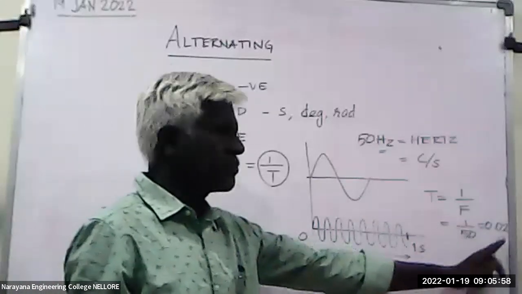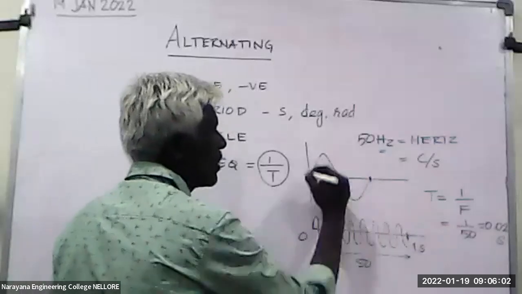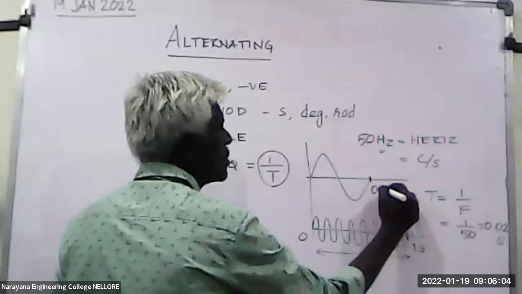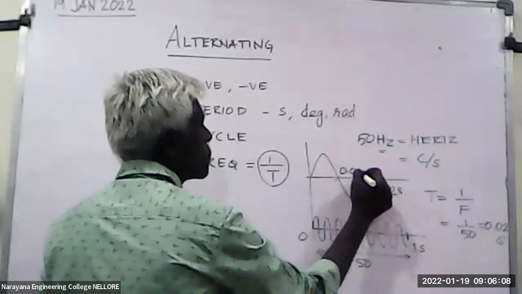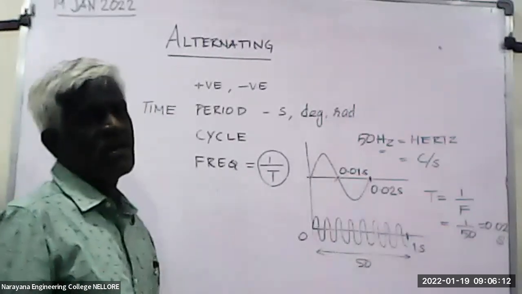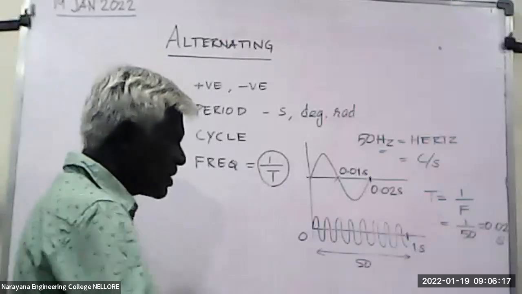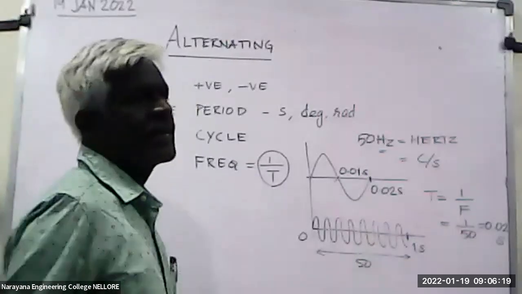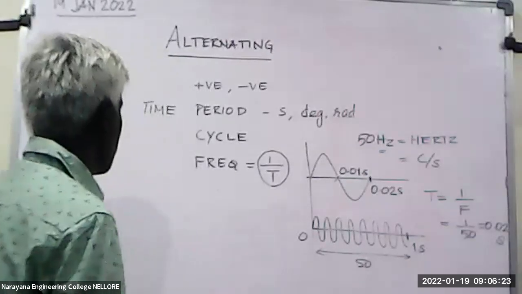So it is 0.02 seconds. It means that to complete one cycle, it takes 0.02 seconds. So for every half cycle, it takes 0.01 seconds. That is what we infer from the frequency and time period. As the frequency increases, the time period gets reduced. So higher the frequency, lower the time period.